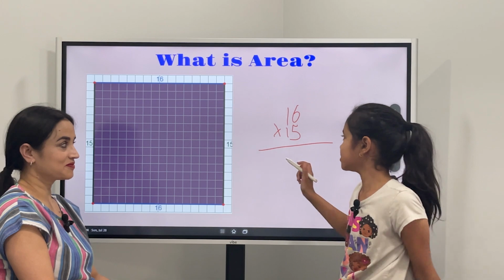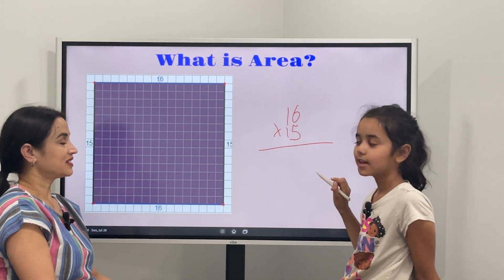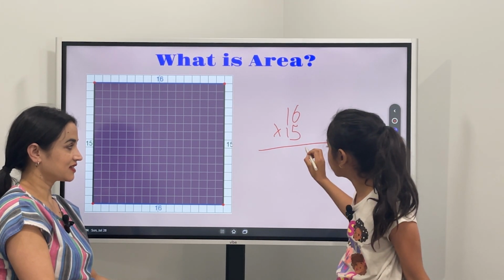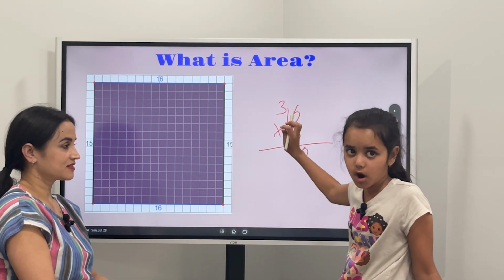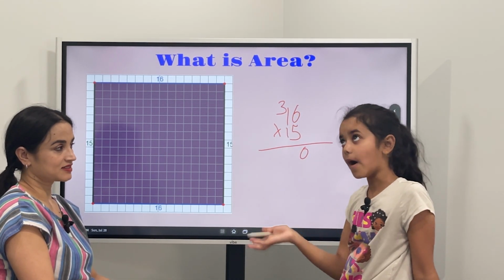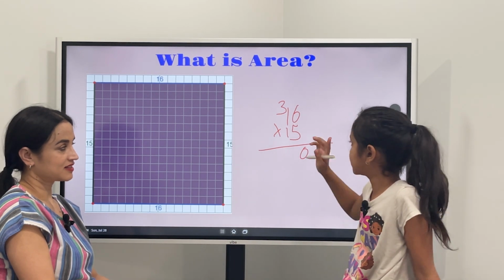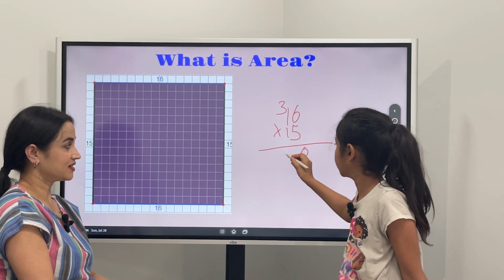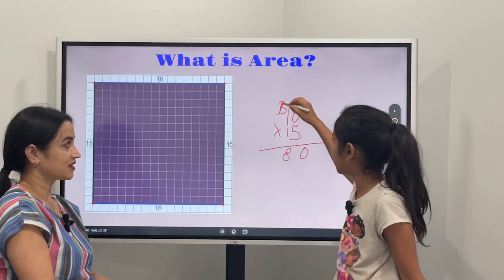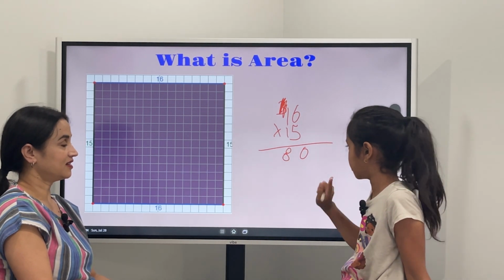First you do 6 times 5, which is 30. So I'll put the 0 here and the 3 up here. And then 5 times 1, which is 5, and then you're adding 3, which is 8. Then you'll put it here. Now you don't need this 3 anymore.